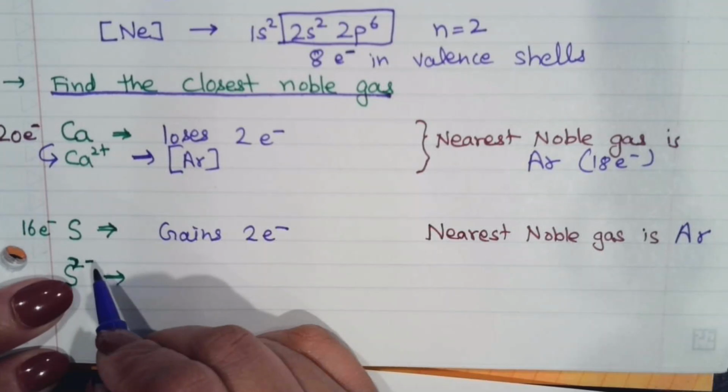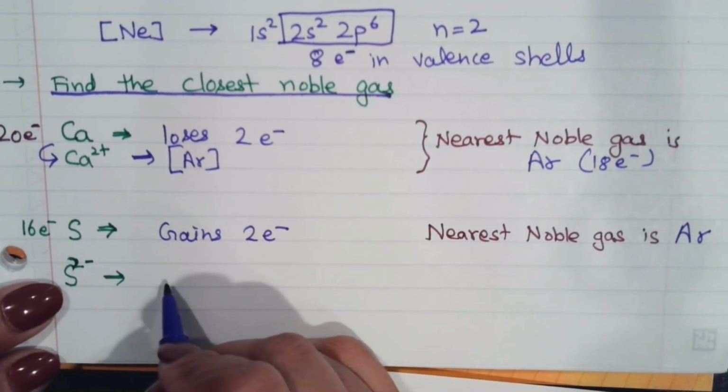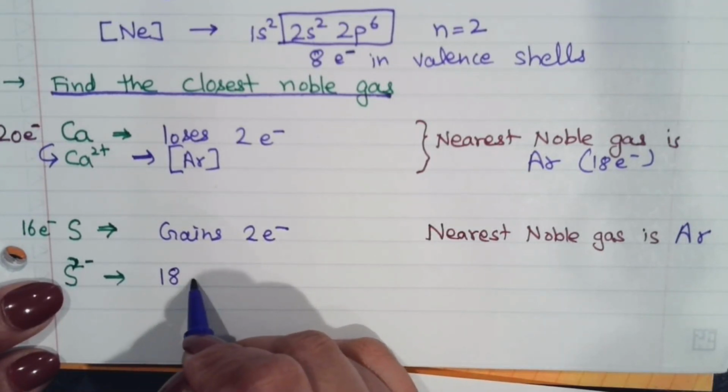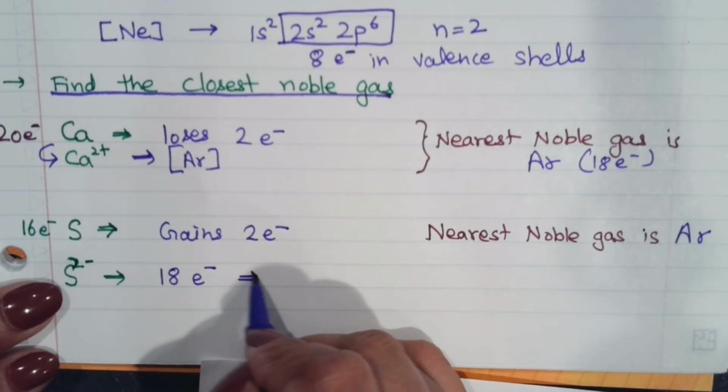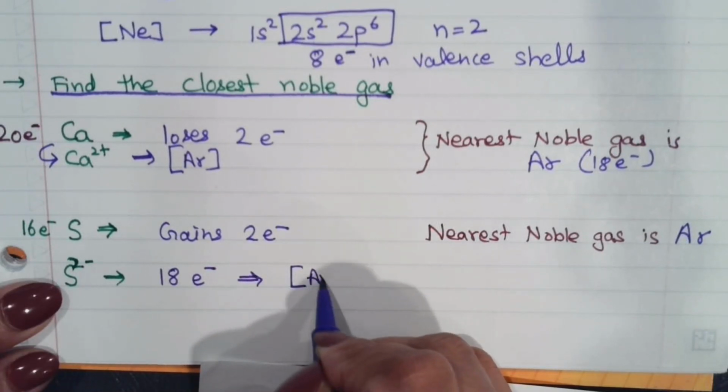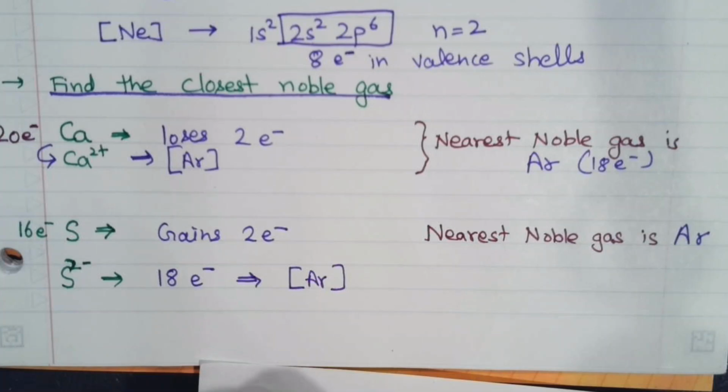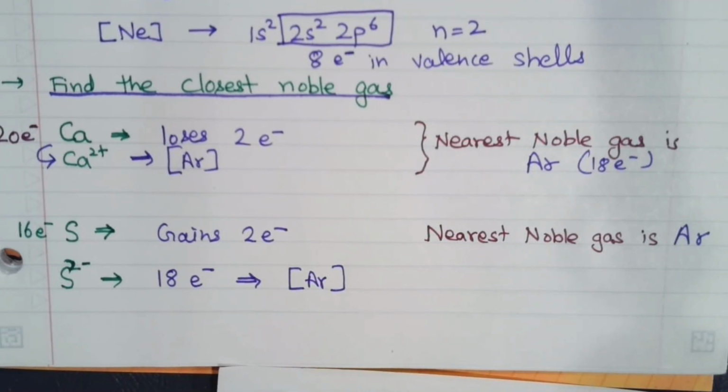So when it gains 2 electrons, sulfur 2 negative has now 18 electrons, which kind of looks like argon now, right? So this is how and why atoms lose or gain electrons, because they just want to look like their nearest noble gas, which has a full s or a p subshell.